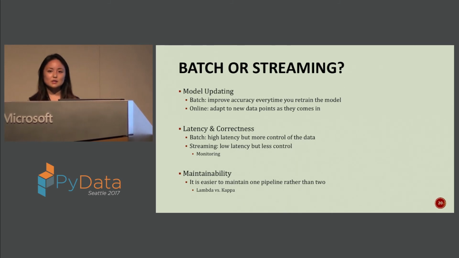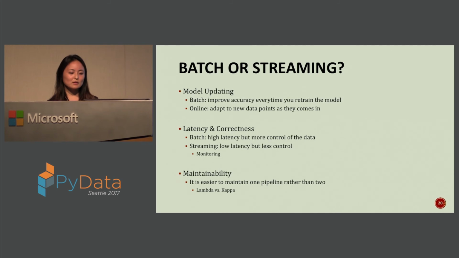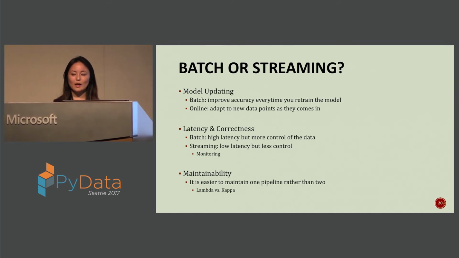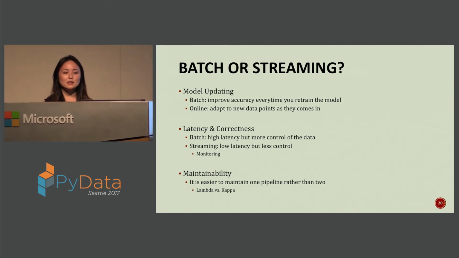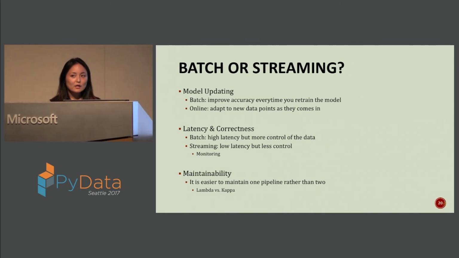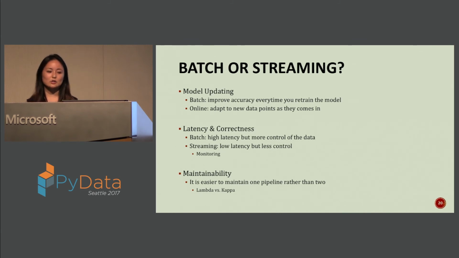Another thing is the maintainability of the pipeline. It is easier to maintain one pipeline rather than two. If you have a batch pipeline and a streaming pipeline whose functionality is similar, it's nice to just do everything in a streaming fashion. If anyone's interested, there are articles on Lambda architecture and Kappa architecture.